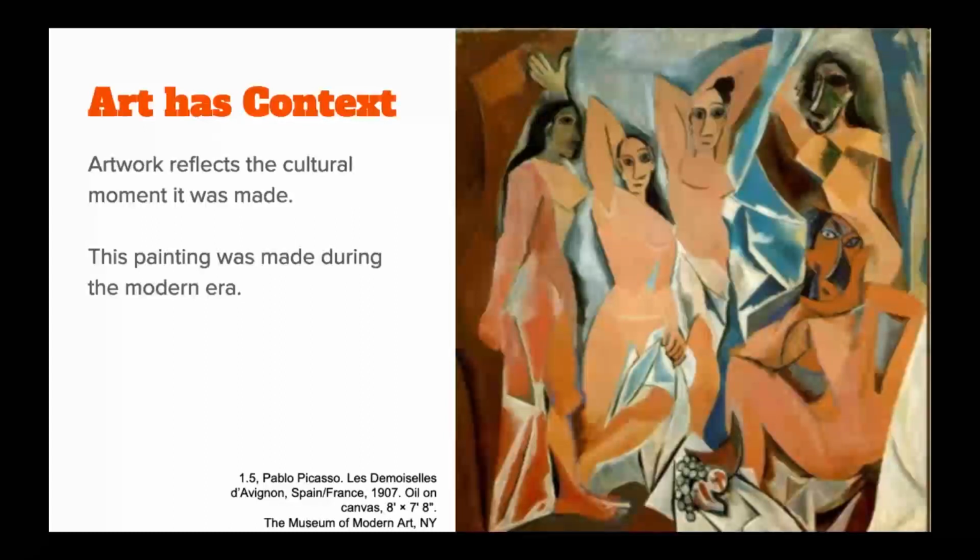Sometimes artwork can reflect culture the moment it was made. This painting by Pablo Picasso was made during the modern era. Pablo Picasso was a traditionally trained artist. He started very young. He was considered a prodigy. He was able to emulate the masters of the time of antiquity. So basically a very classical sense of drawing.